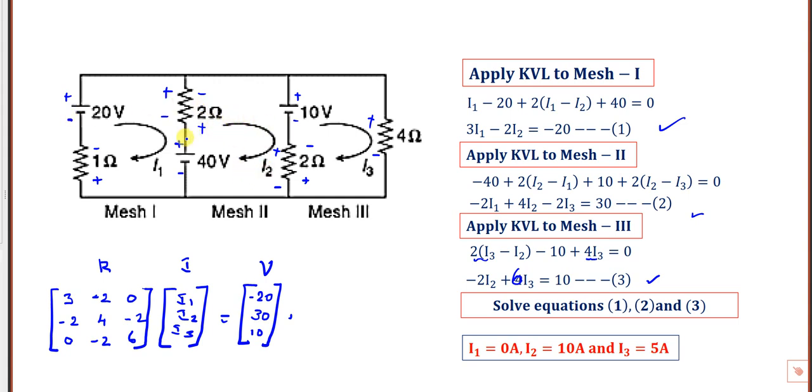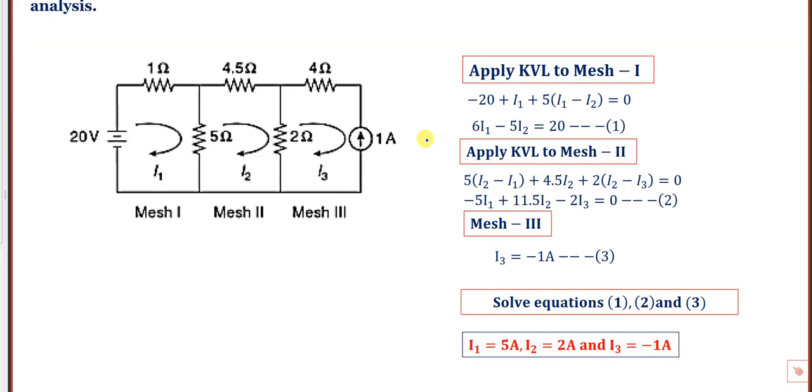Again for mesh 2, this plus minus is only for I1. For I2, this is plus, this is minus. For I3, again this side plus, this is minus. So if you write equations, we'll get this, or by the inspection method you can write this and solve.